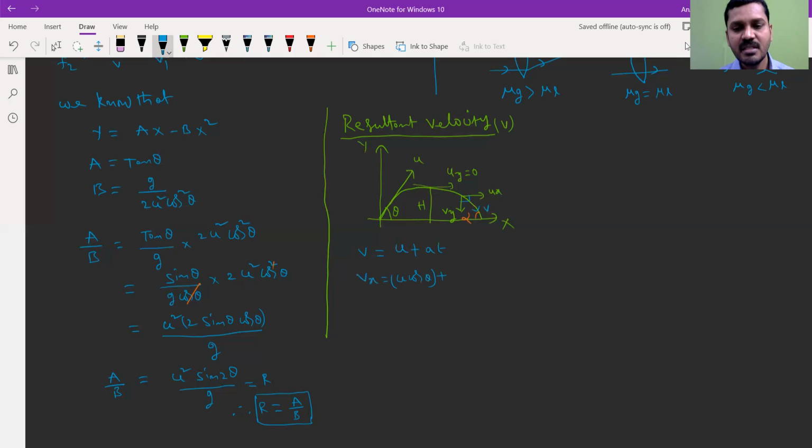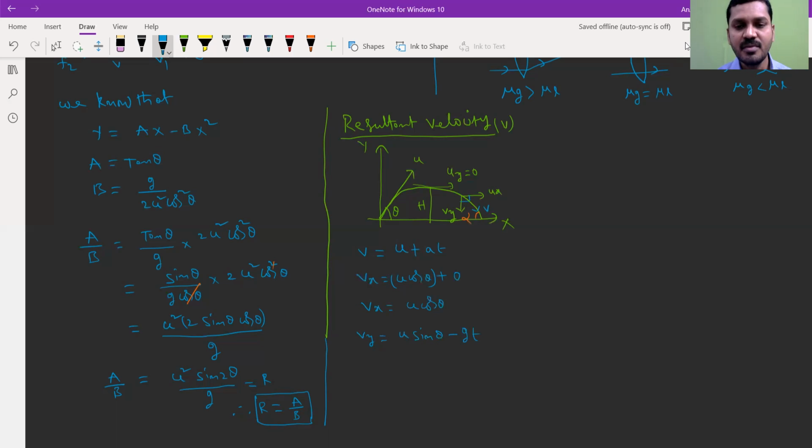plus, but we know the acceleration of the projectile body along the x direction is 0. Therefore, the velocity along the x direction is u cos theta. Similarly, the velocity of the projectile body along the y direction, vy = u sin theta, but a = -g, so vy = u sin theta - gt. Now for the magnitude of the resultant, we use the parallelogram equation.